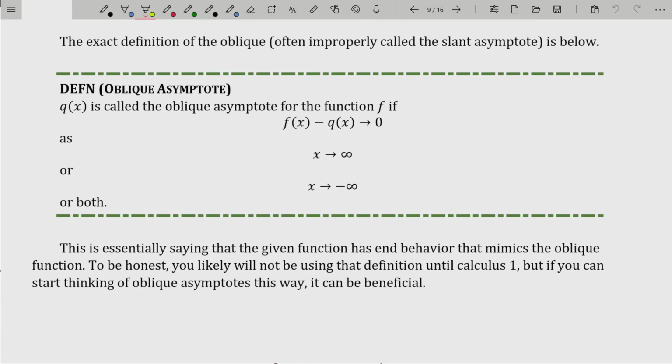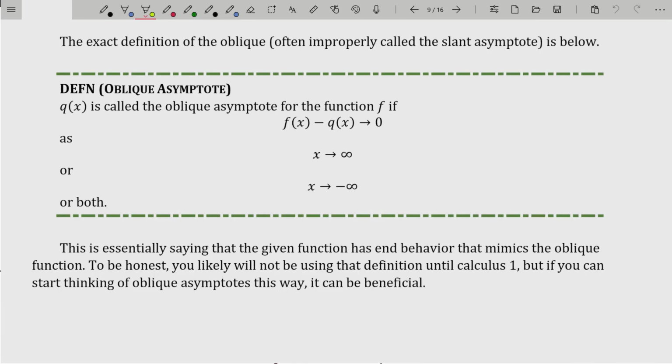And that gets us to our exact definition of oblique asymptotes, or slant asymptotes. This is going to be a calculus style definition. You do not need to know the specific definition, but I'm stating it because I like to be complete with what I'm talking about.